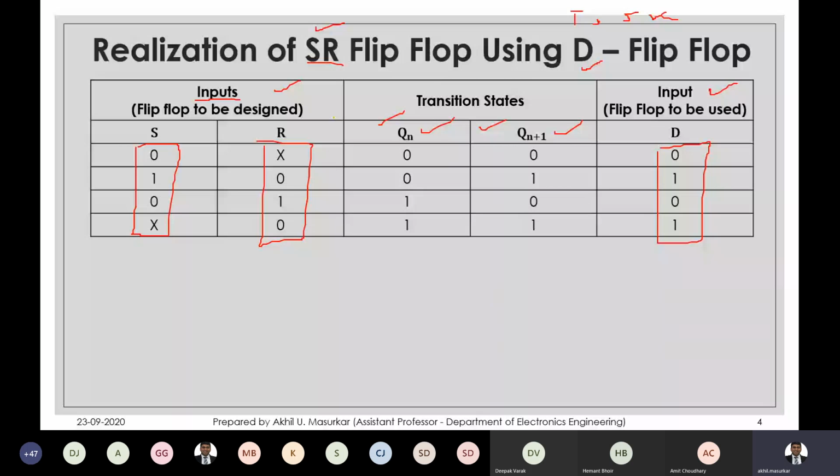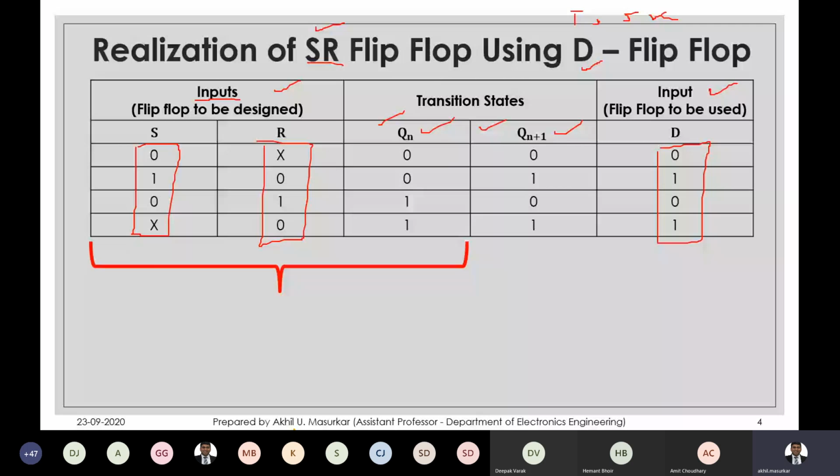Okay, so now in this case, our objective is that we want to use a D flip-flop and make an SR. That means we already have a D flip-flop.